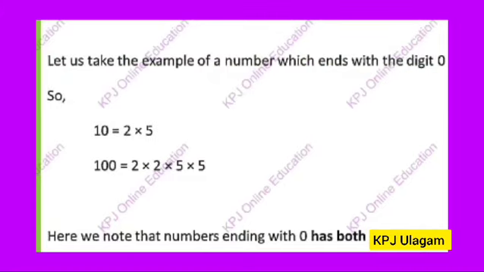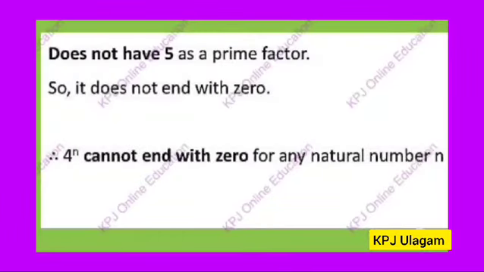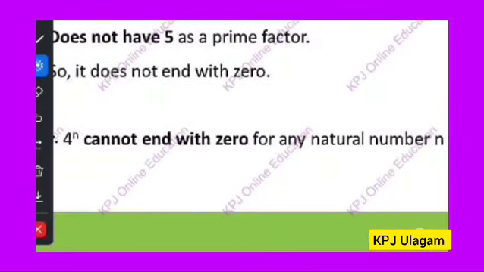So I don't get 5 as my factor. So I conclude that it does not have 5 as a prime factor, so it does not end with 0. So 4 power n does not end with 0 for all natural numbers.